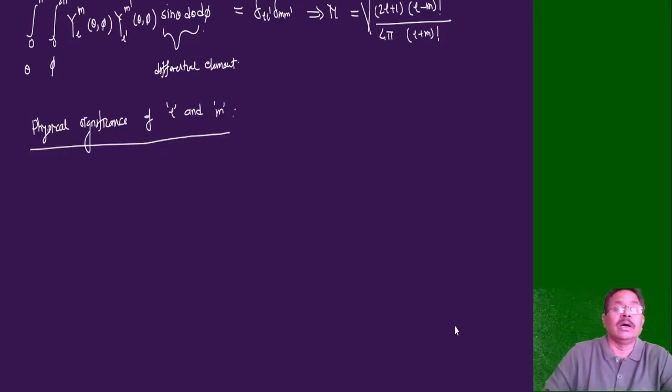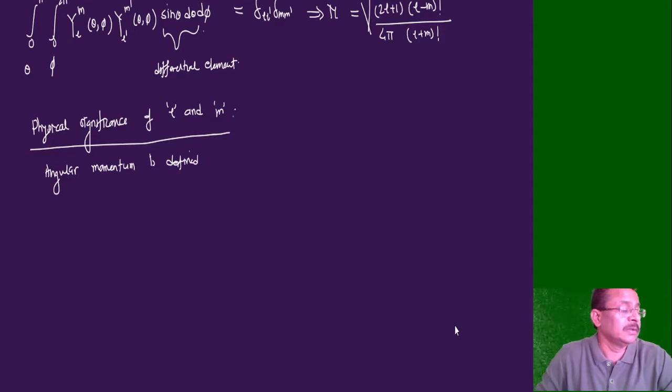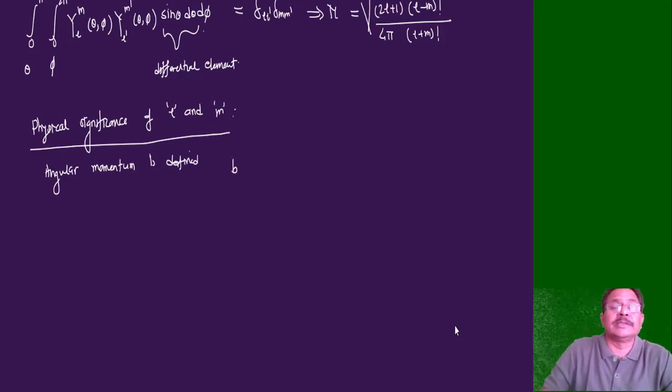Now classically angular momentum is defined as L bar equal to R bar cross P bar.